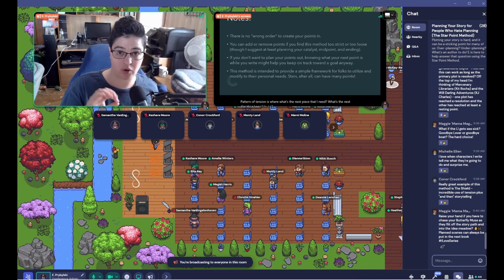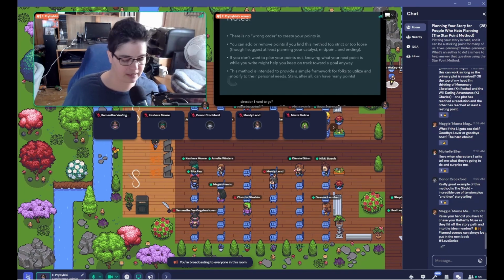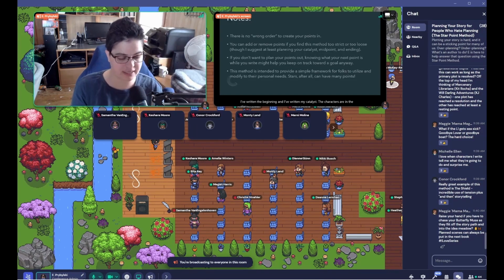That is part of the process of discovering as you're writing, of course. But if you know, okay, I've written the beginning and I've written my catalyst, the characters are in the story, I need to find a way to keep raising tension up to the midpoint, that tipping point there. So I'm going to write things that are going to support that pattern of tension.